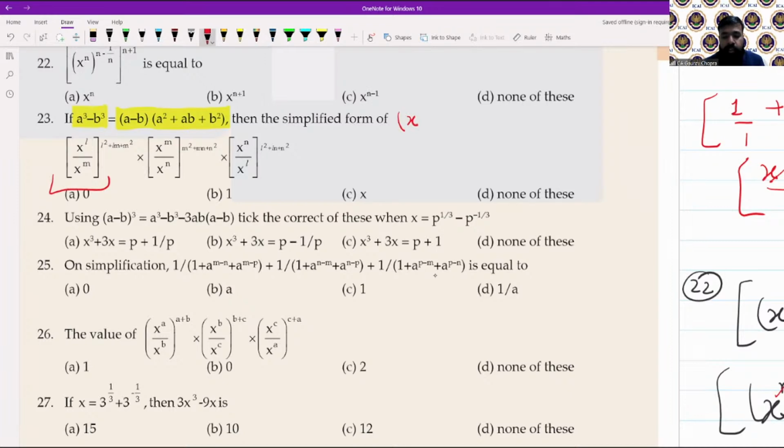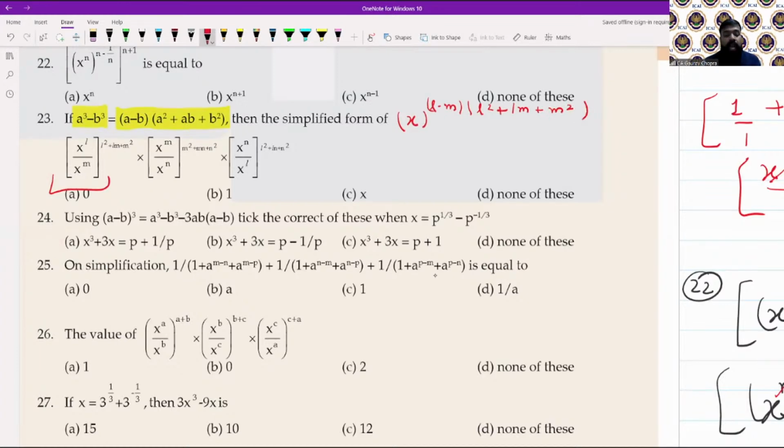Power of x will become L minus m, because m is going into the numerator and changing the sign. And already we are having L square plus lm plus m square.